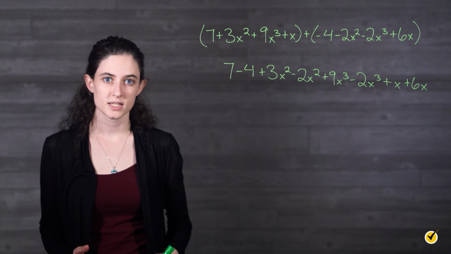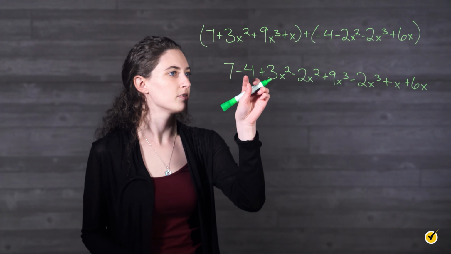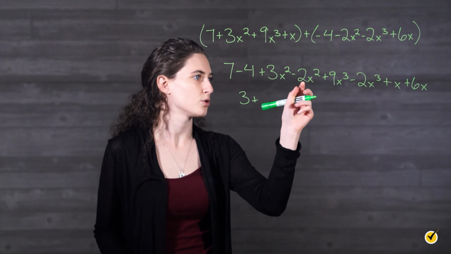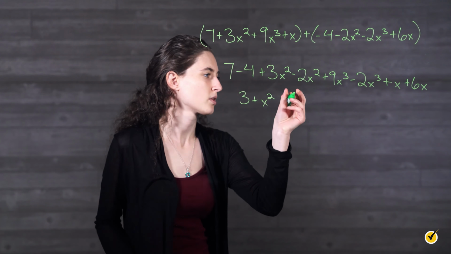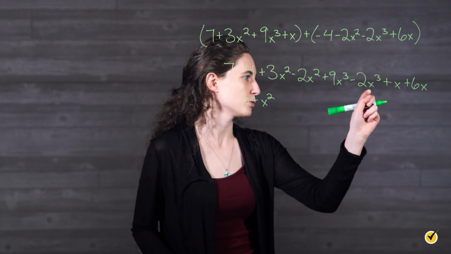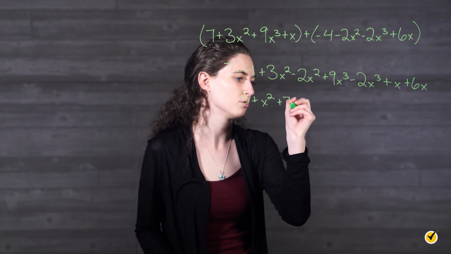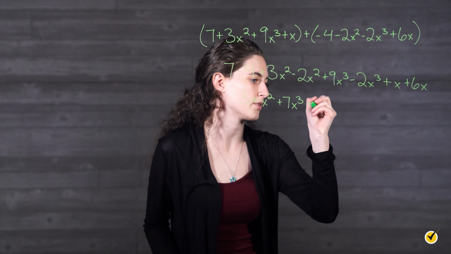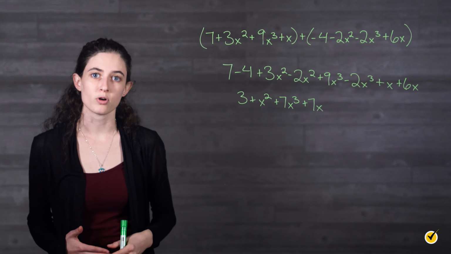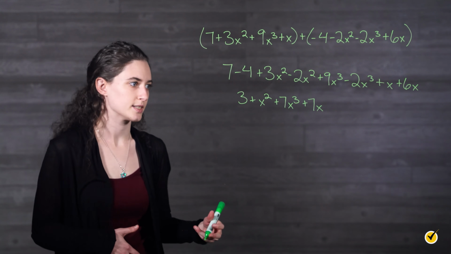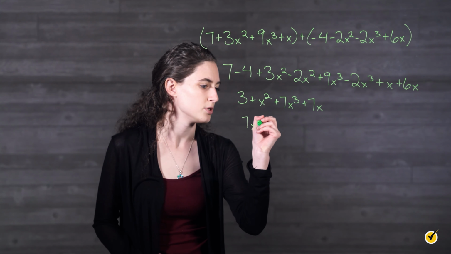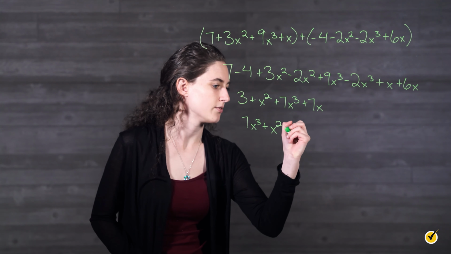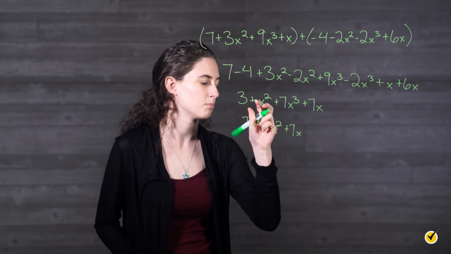When we put these pieces together, we get 7 minus 4 is 3, plus 3x squared minus 2x squared is x squared, plus 9x cubed minus 2x cubed is plus 7x cubed, and then plus x plus 6x is plus 7x. But in proper form, we would need to rearrange it, so it'll be written as this: 7x cubed plus x squared plus 7x plus 3.